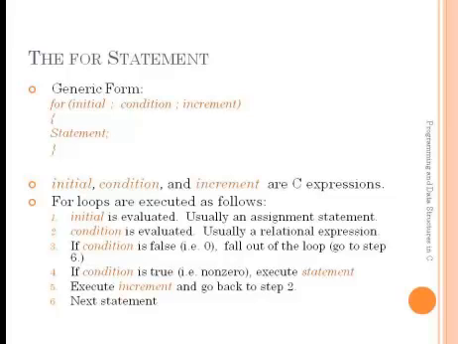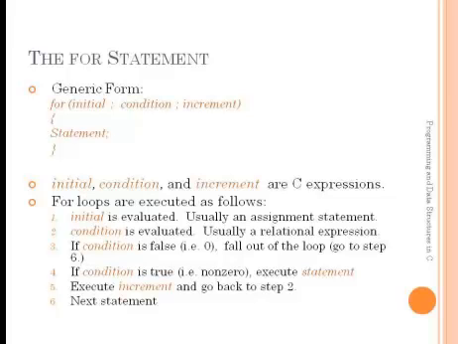Whenever it reaches the last statement in the for loop, after evaluating this statement, the control will transfer back to the first statement. Whenever the control is transferred back to the for loop, at that time it evaluates the increment or decrement expression. This is the fourth one.